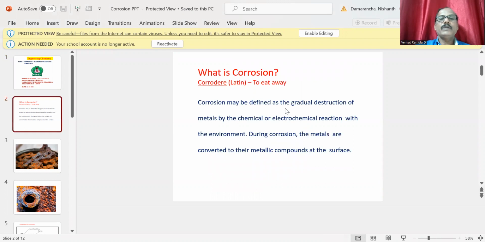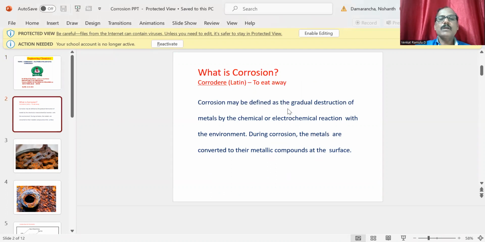Corrosion may be defined as the gradual destruction of metals by chemical or electrochemical reaction with the environment. During corrosion, the metals are converted into their metallic compounds at the surface of the metal.